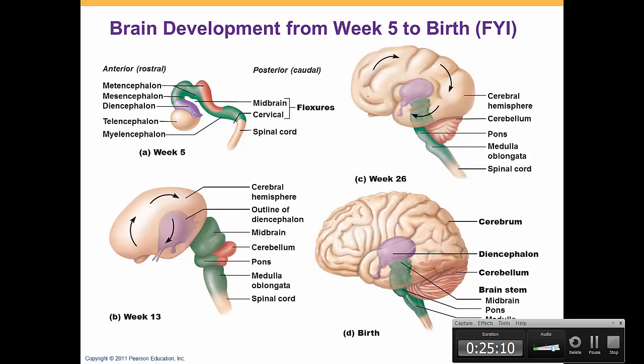So here's an FYI slide just to let you know about how this tube gives you your brain. So this is your tube, and all the structures here are very separate. And this is by week 5. In week 13, the cerebrum or the telencephalon becomes much larger, and as you can see, it has already swallowed the diencephalon in between.